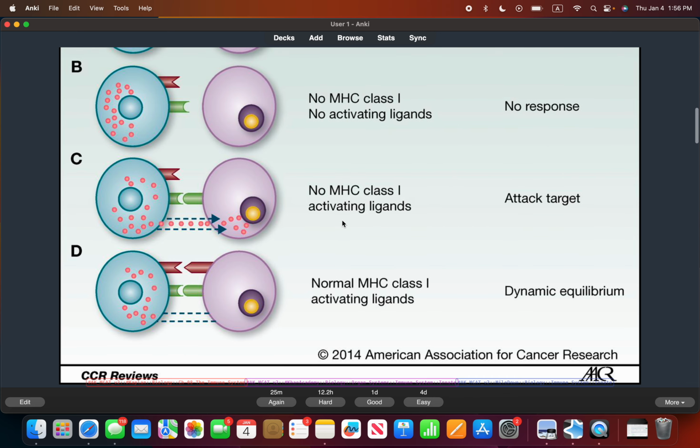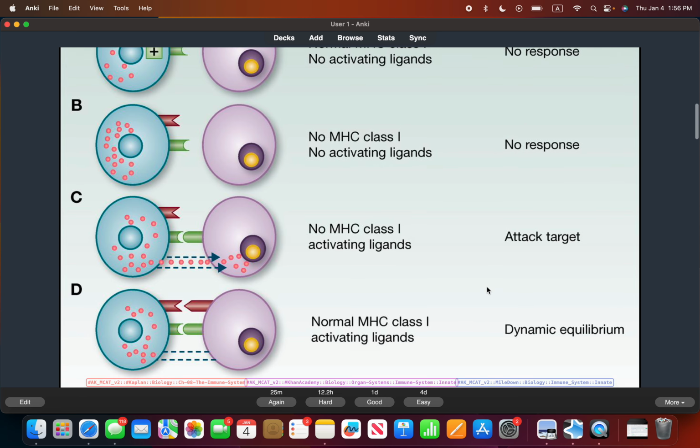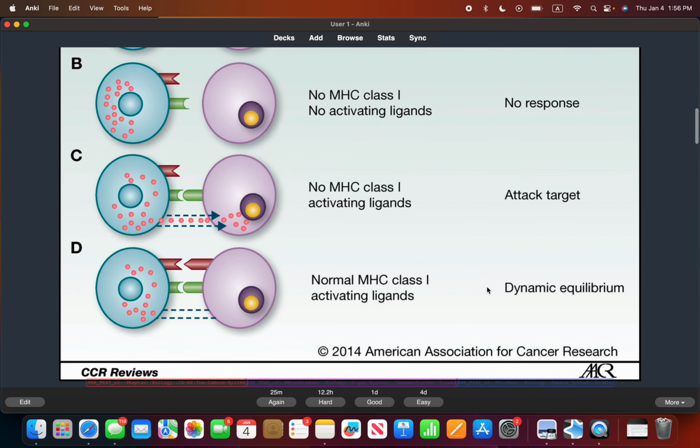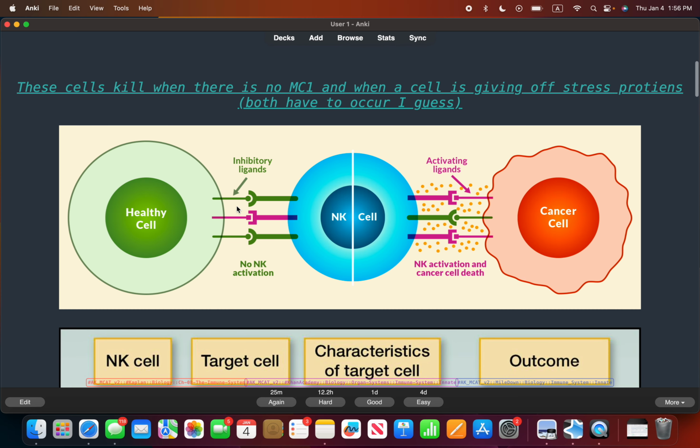Normal MHC1, activating ligands. Dynamic equilibrium. What is dynamic equilibrium? Does it attack it or not? So this is attacking it. Inhibitory ligands, activating ligands.